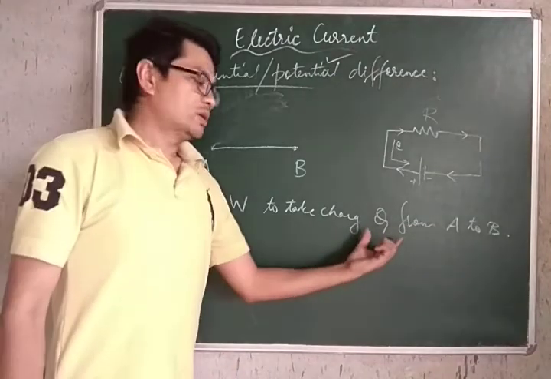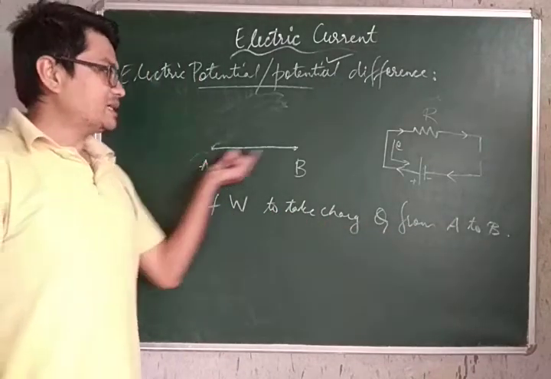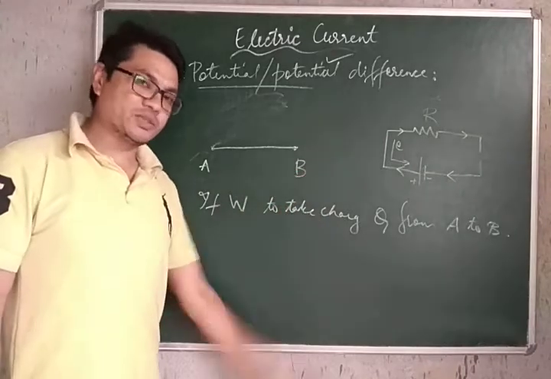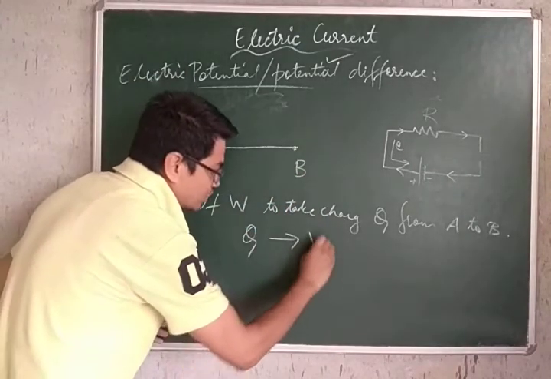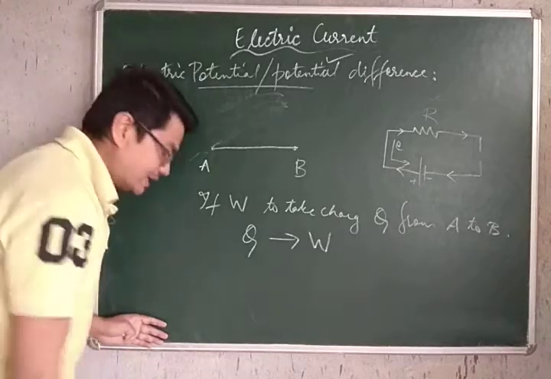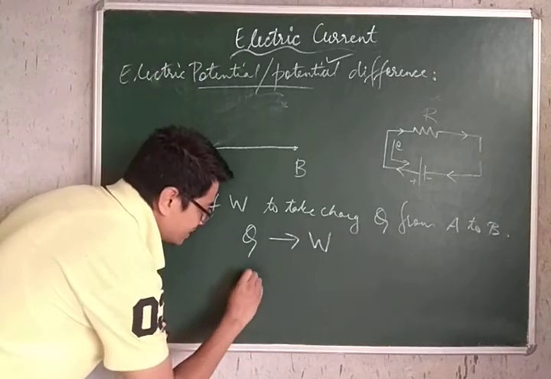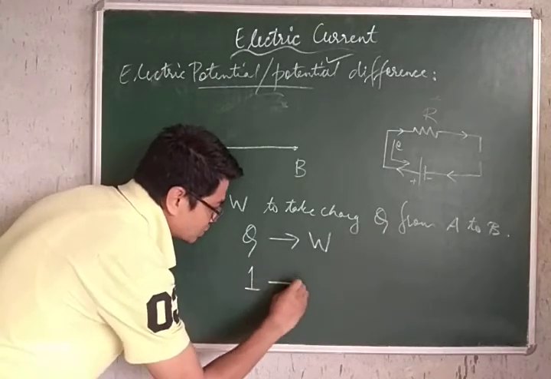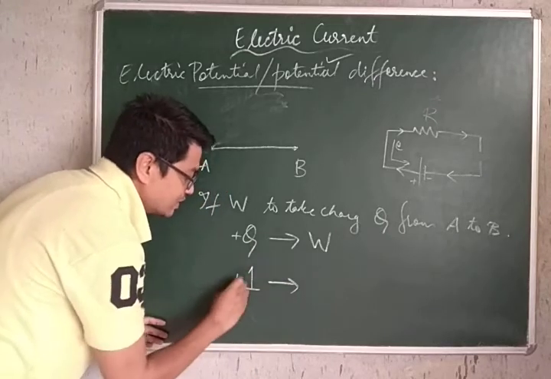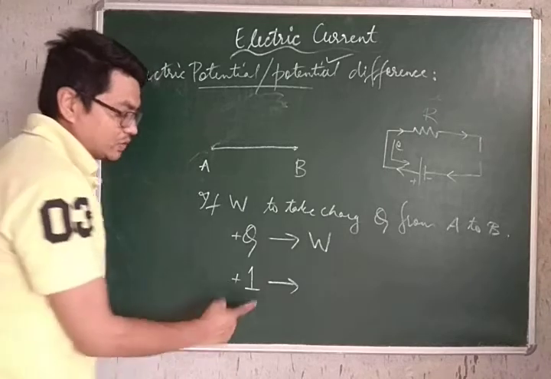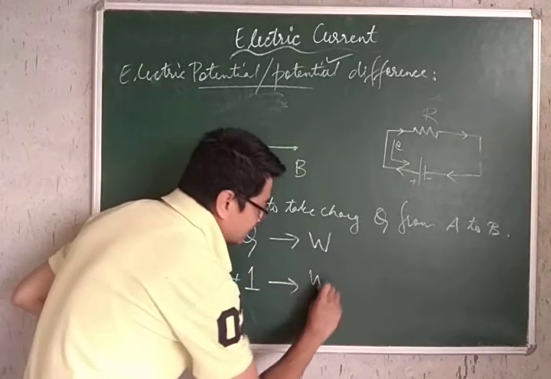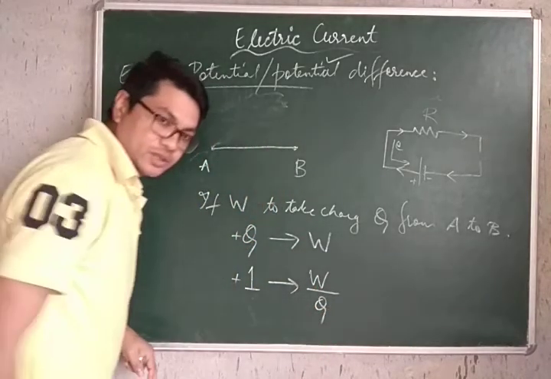Okay, so to take Q amount of charge from a certain point A to another point B, the work done is W. So to take Q amount of charge, work done is W. Alright, and therefore to take a unit positive charge, Q is positive, unit means 1, don't forget, the work done will be W by Q.